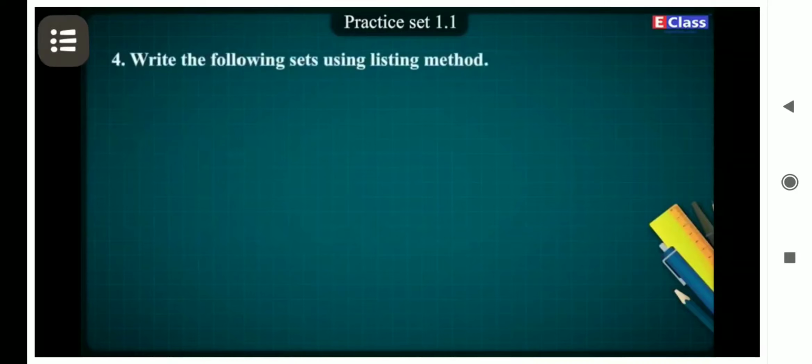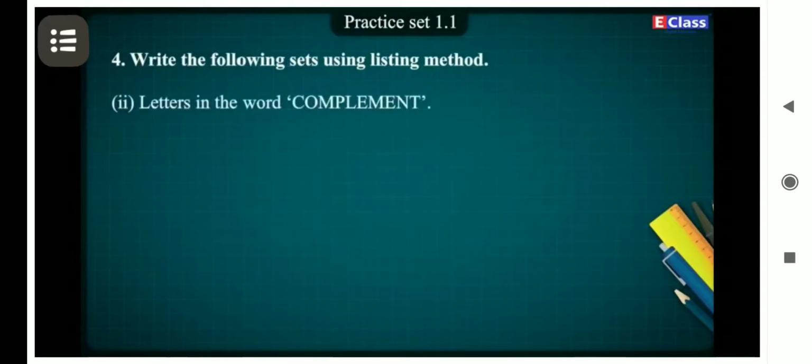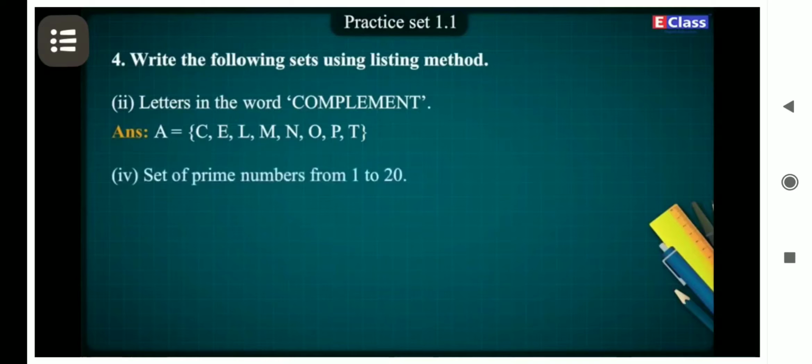4. Write the following sets using the listing method. 2. Letters in the word COMPLEMENT. Answer: A = {C, E, L, M, N, O, P, T}. 4.